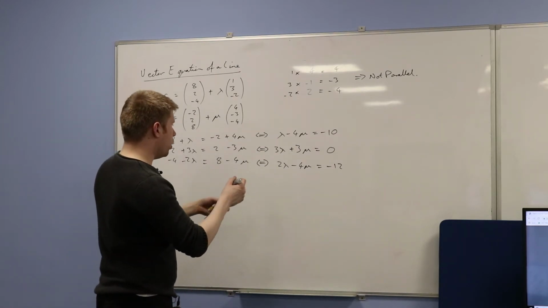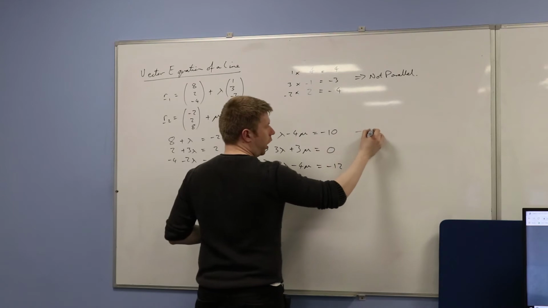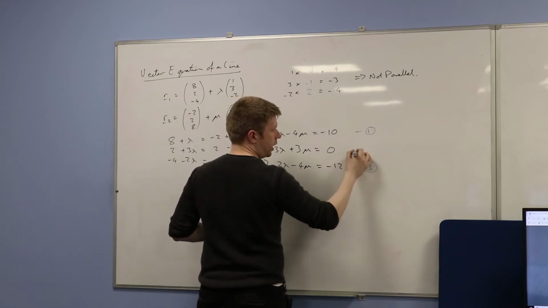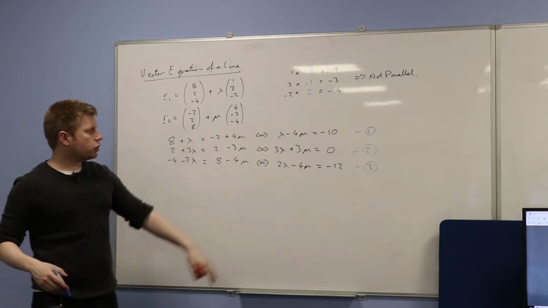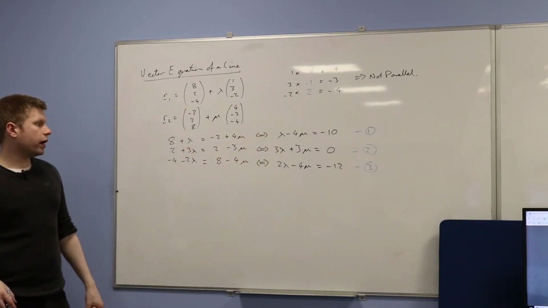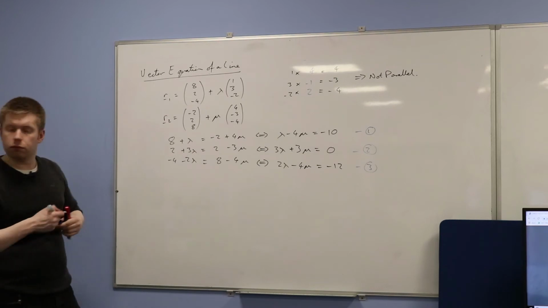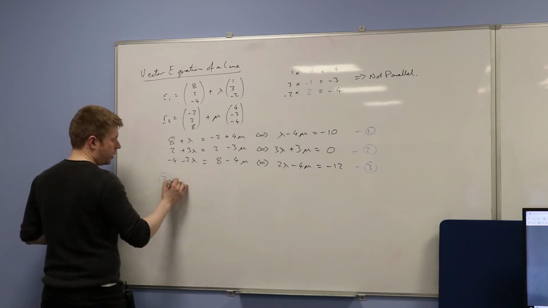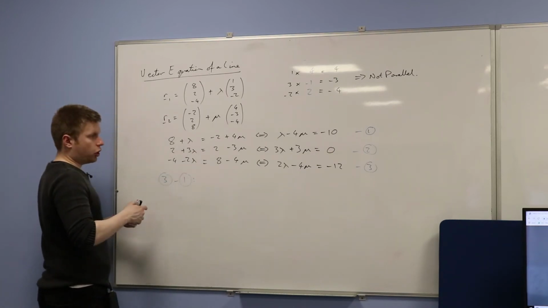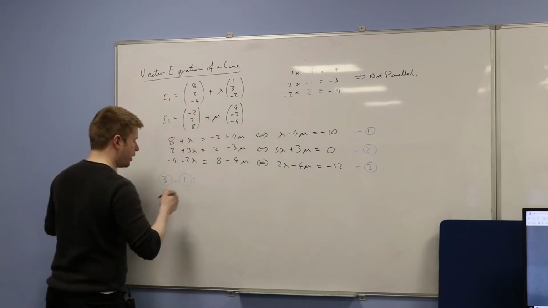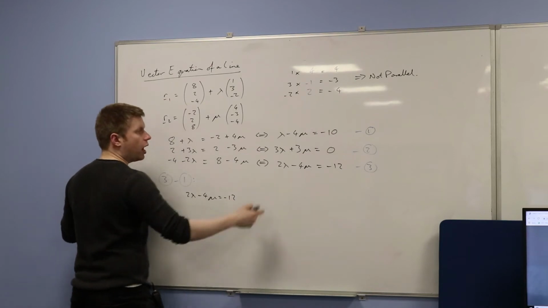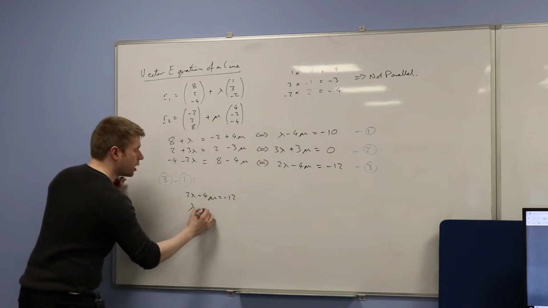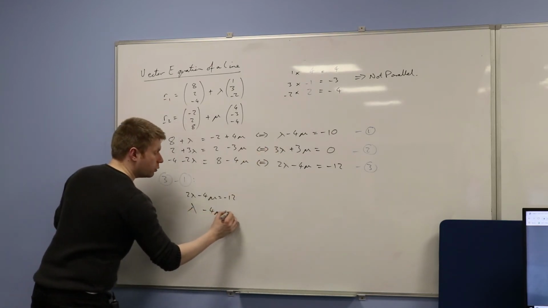Okay, so here we go then. I am going to look at equation 1 and equation 3. What I'm going to do is take equation 1 away from equation 3. Let me show you what I mean. I'm going to write equation 3 out, so 2 lambda minus 4 mu equals -12. I'm going to write equation 1 out, which is lambda minus 4 mu equals -10.